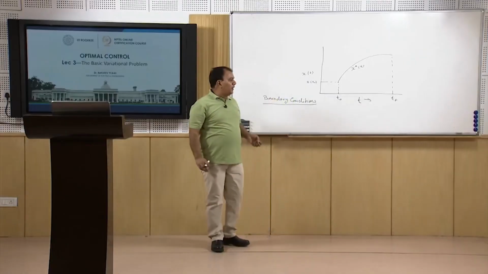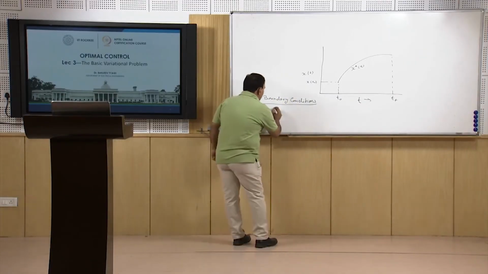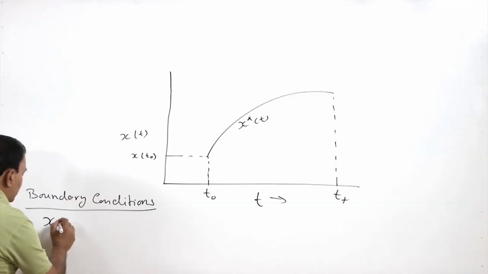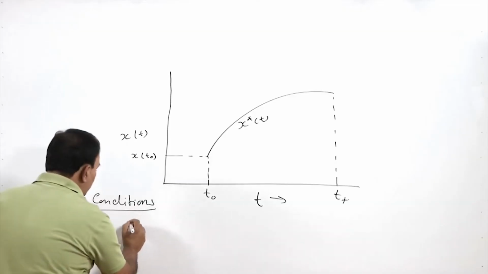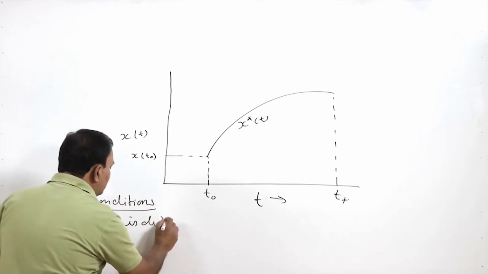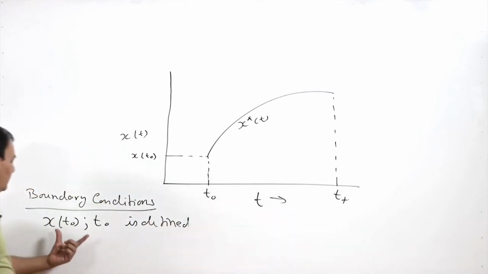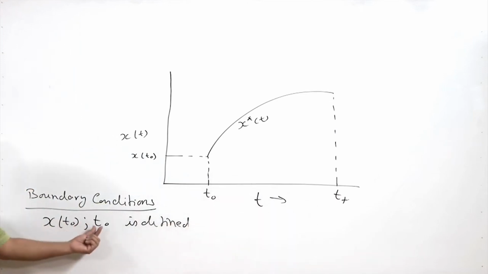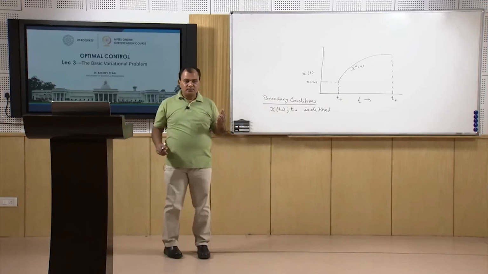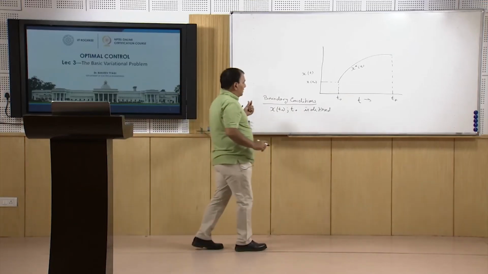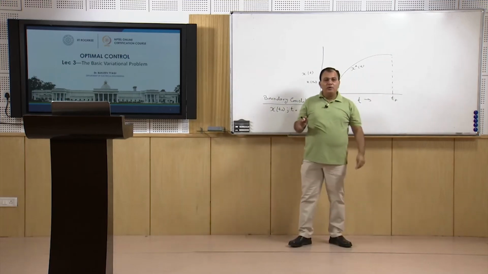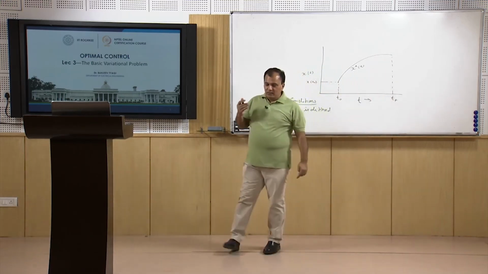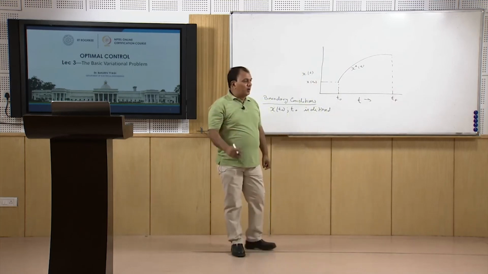Normally, from the control point of view, x(t0) and t0 are defined. Defined means these values are given: where we are starting and what my initial conditions are. The final condition depends upon the nature of the problem.